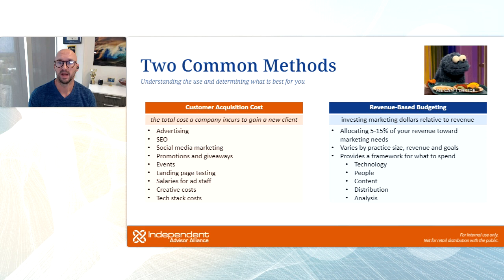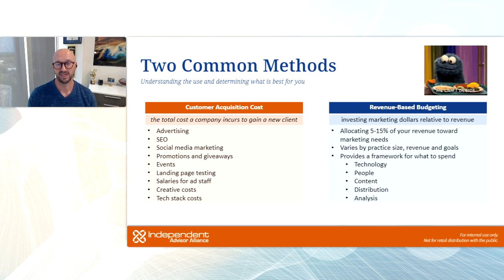The other method is revenue-based budgeting. This is going to be looking forward. You can obviously take a look backward with this approach too, but this is where you're going to allocate, say, 5 to 15% of your practice's revenue toward marketing.